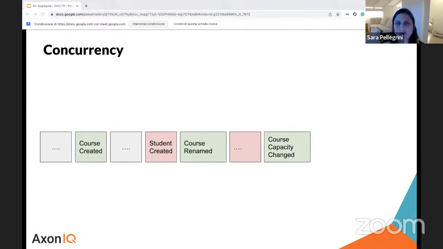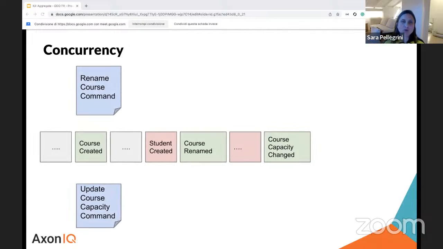Let's see now what happens in case of concurrent write operations. Let's assume that the system receives two commands. One is to update the capacity of a course, and the other one is to update the title of the same course. And the commands are received at the very same time.